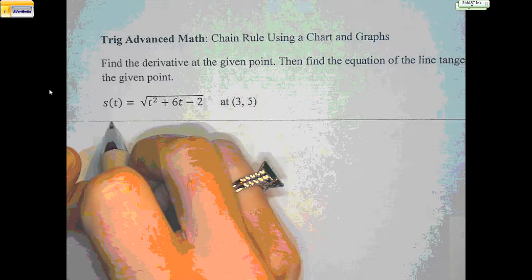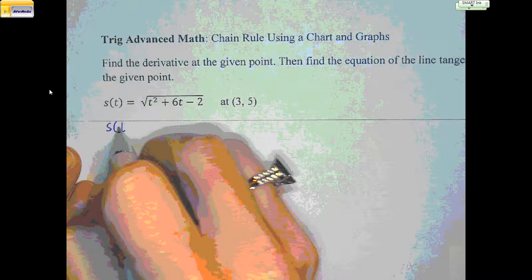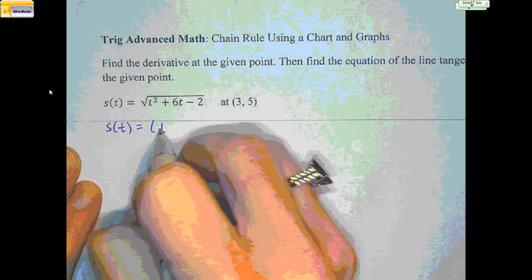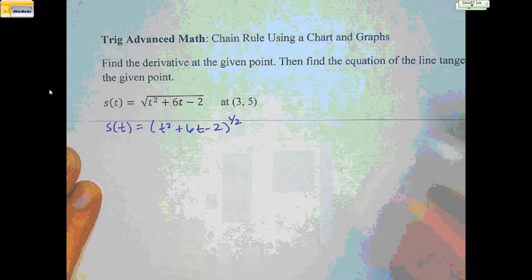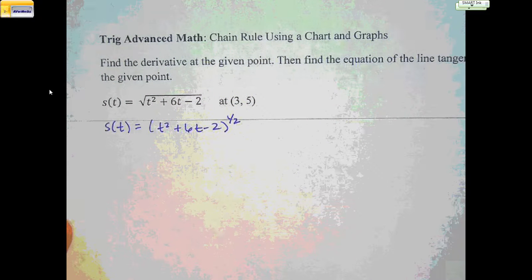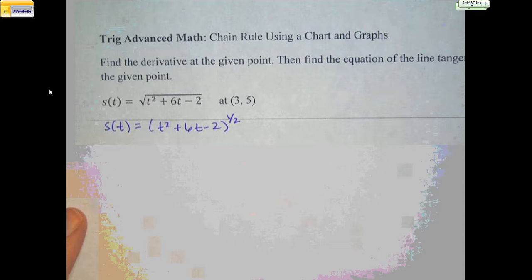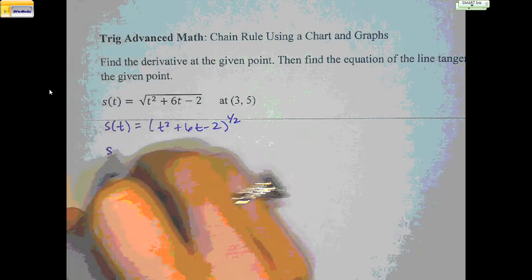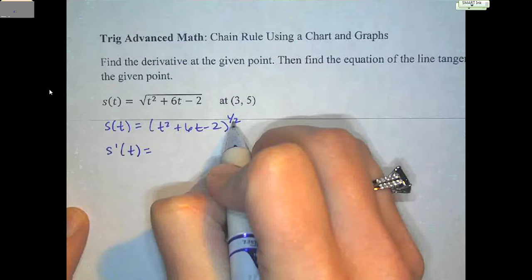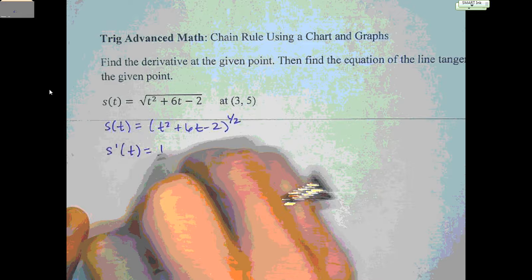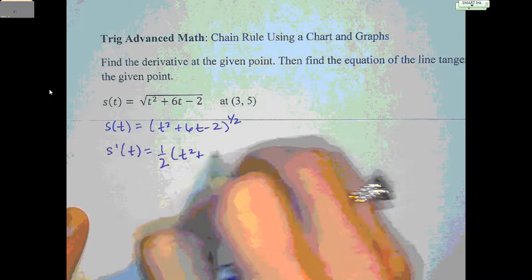So my first step is I'm going to rewrite S at t so that it's all that stuff to the 1/2. And then we can perform the chain rule. So the derivative of S at t, take the 1/2, toss it to the front, times all this stuff.